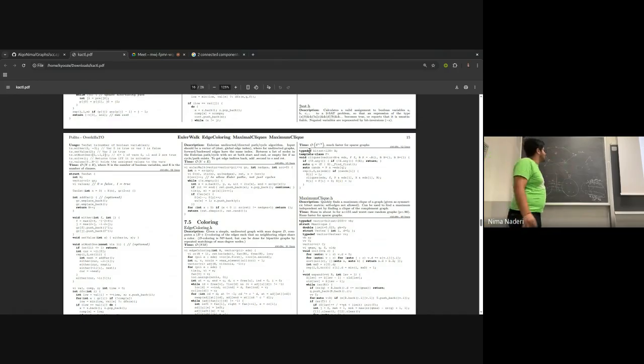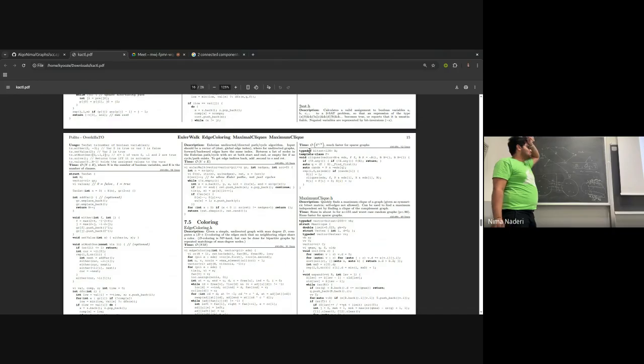And we map these things to a graph and do something. Let's say we have n variables, A1 to AN, and some conditions that should be satisfied, like A1 or A2, at least one of them should be true.